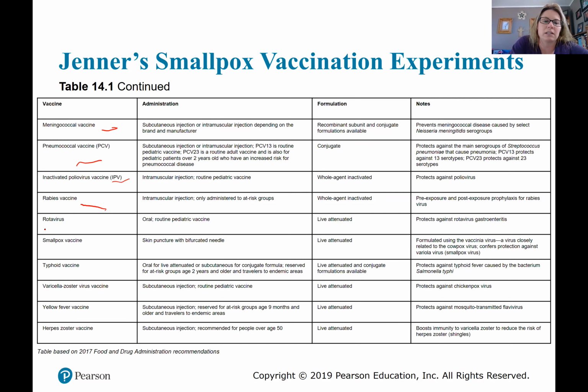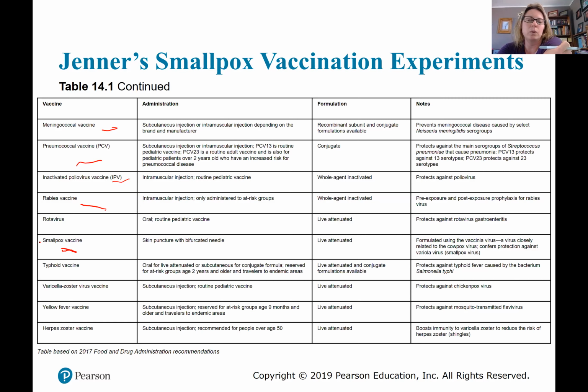Smallpox vaccine, that's not really given anymore. Probably for most of you, your grandparents, but maybe some of your parents who are older than I am, have a smallpox vaccination scar. Back in the 50s, 60s, maybe early 70s, they gave a smallpox vaccine in the arm.